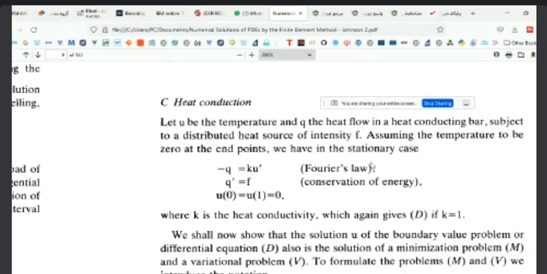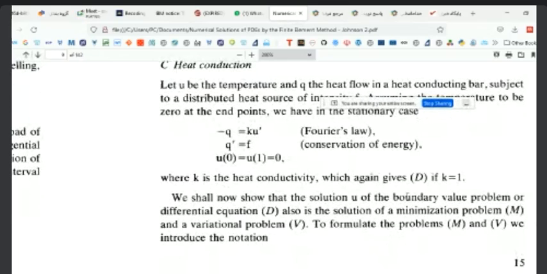Based on Fourier's law of heat conduction and conservation of energy, we can model this process with this system of differential equations: minus q equals k u prime and minus q prime equals f, with the boundary condition here.